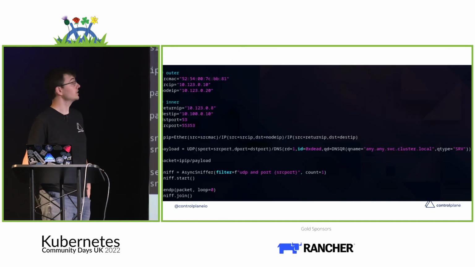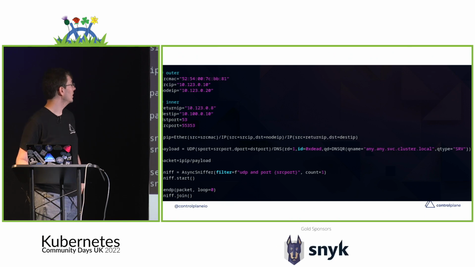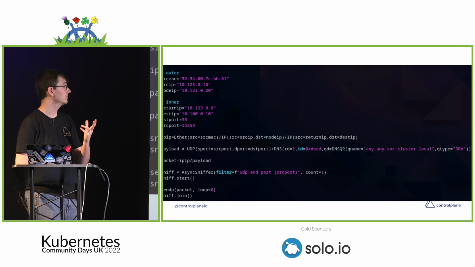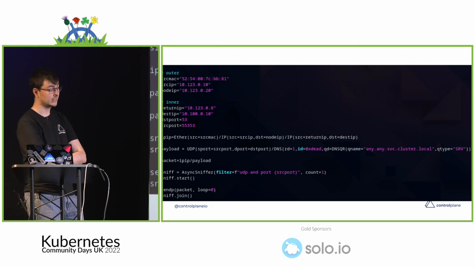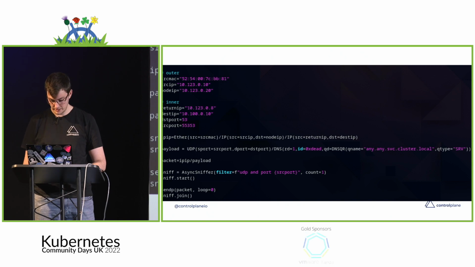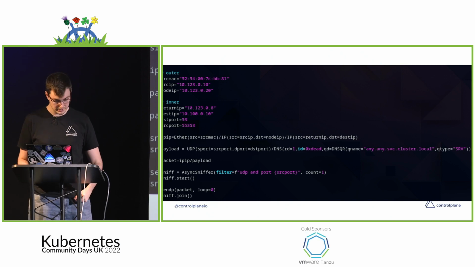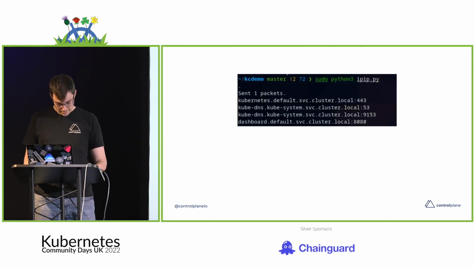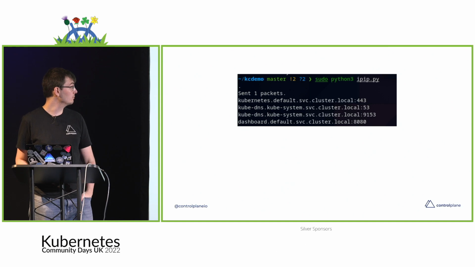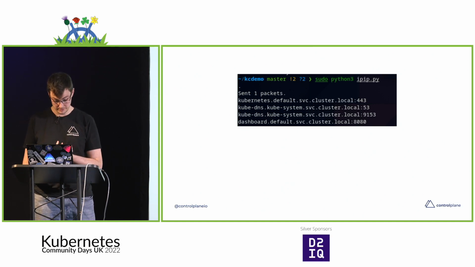I don't know how readable this is, but I wrote a proof of concept in Scapy, a great library for low-level packet manipulation, which I have a link to at the end if you're interested. And we can see that we can make that similar DNS query and pull out all the services in the cluster.